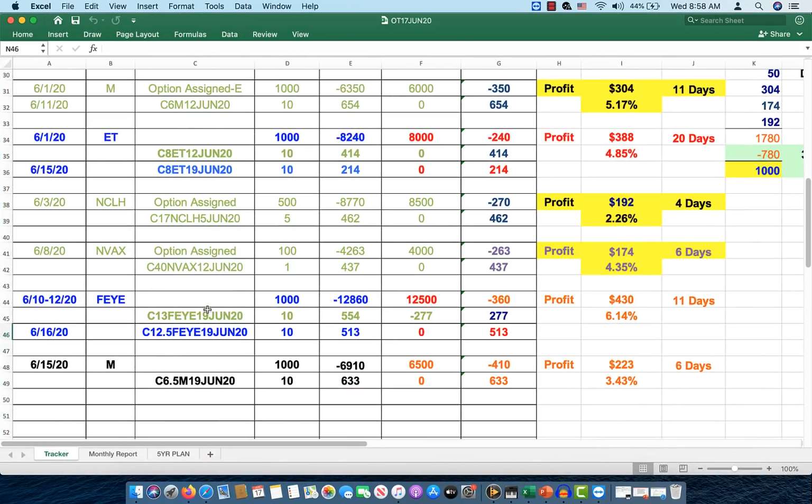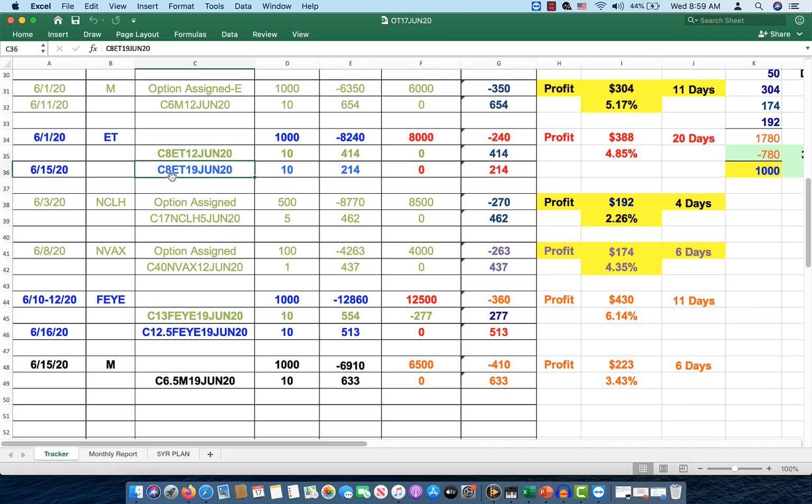Okay, here's all the action that's been happening here. ET, as you know, Wednesday afternoon, I pulled the trigger and picked up $214. Remember, the previous Saturday, this option expired and we got to keep the whole $414.